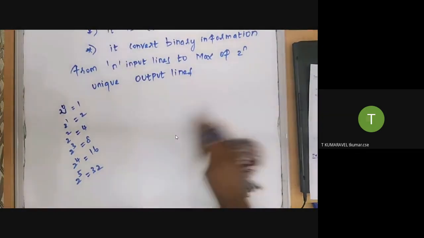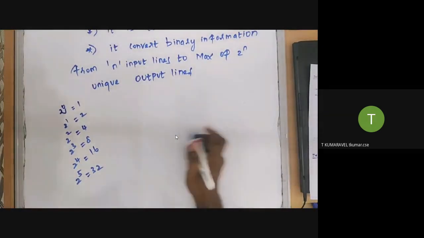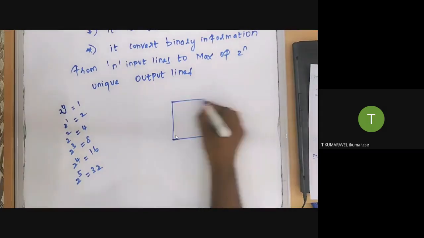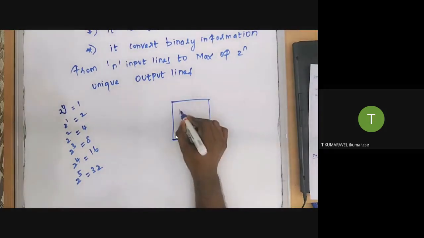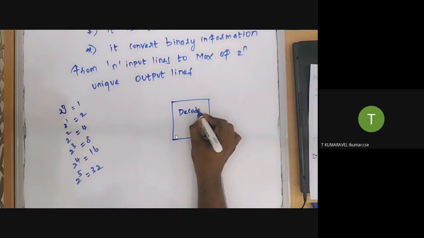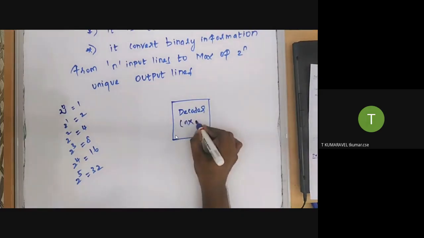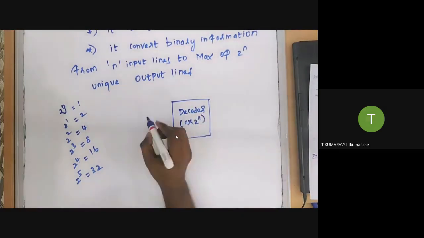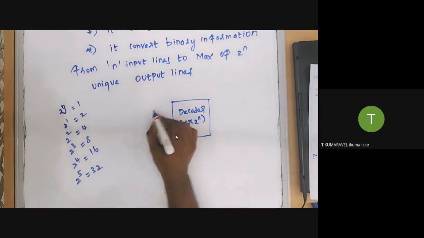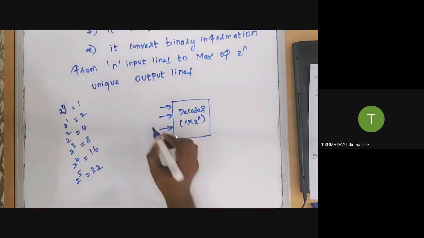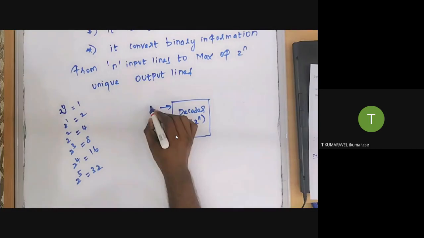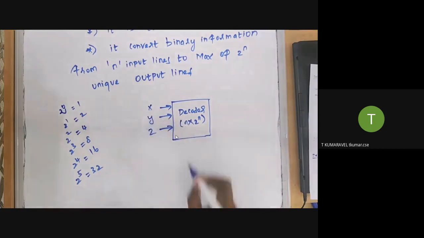Suppose I'm taking this decoder, and now the n value is 3, with inputs named x, y, z. What about the output?